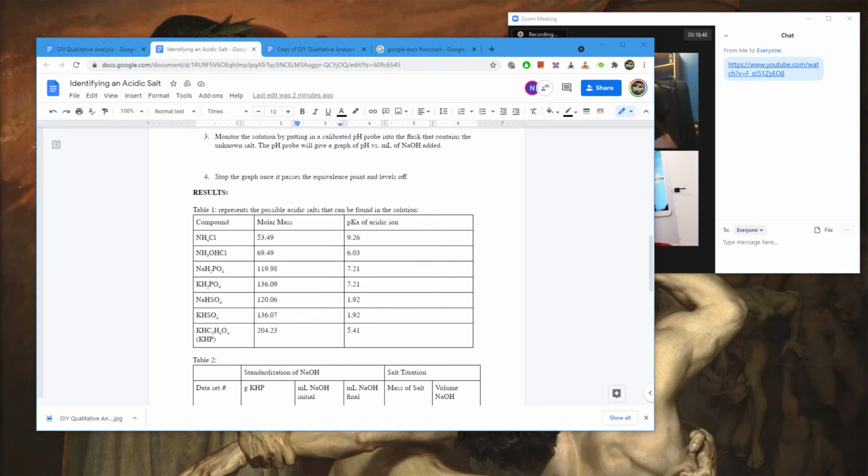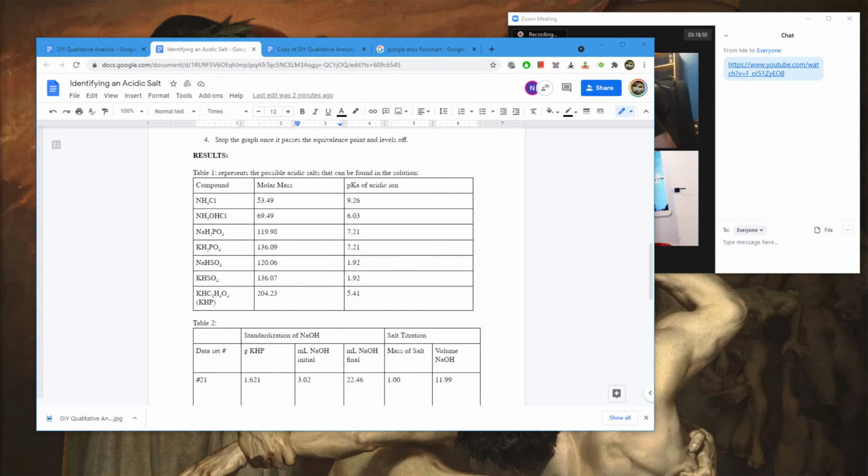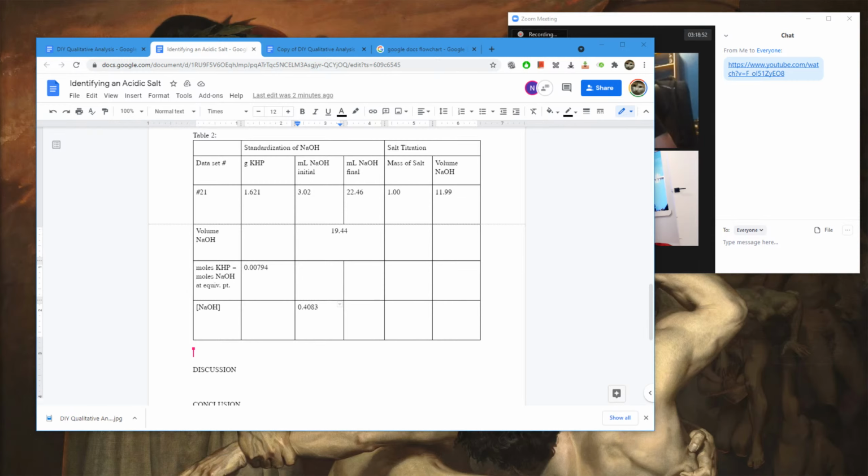And we put that into the Henderson-Hasselbalch equation. So okay, here we go. Equivalence point, all of it has been neutralized. Half, okay.